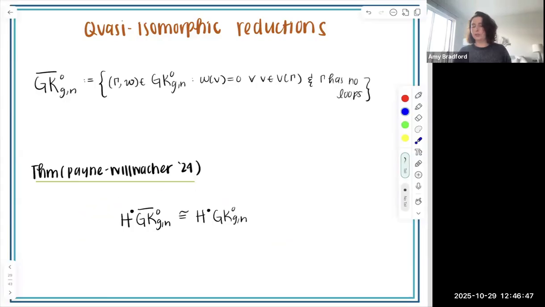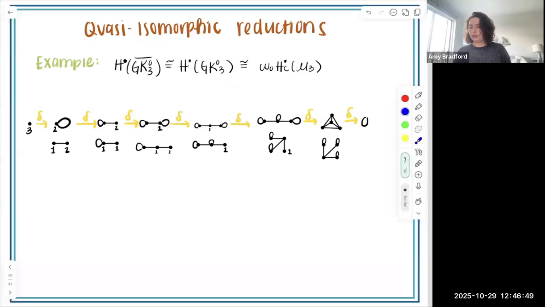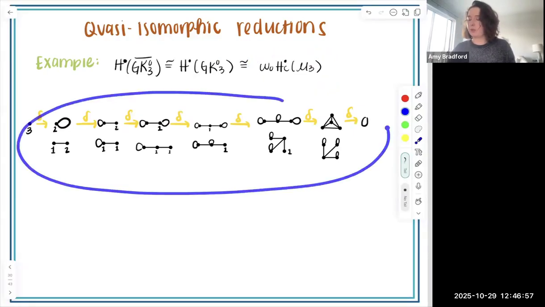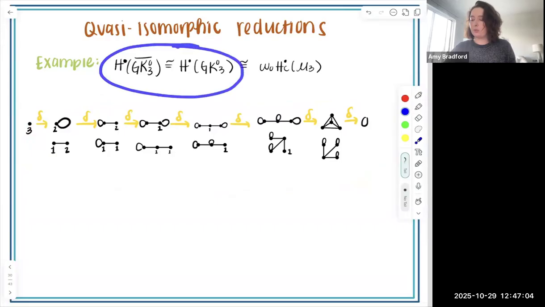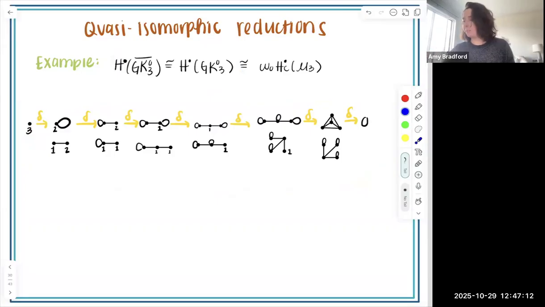And so in other words, if I come back to this expression, the ultimate goal again was to compute the weight 0 piece, which we said was the same as computing the cohomology of this complex. What I can actually do now is, since these cohomologies are equal, eliminate all of the graphs with positive genus vertices and with loops.